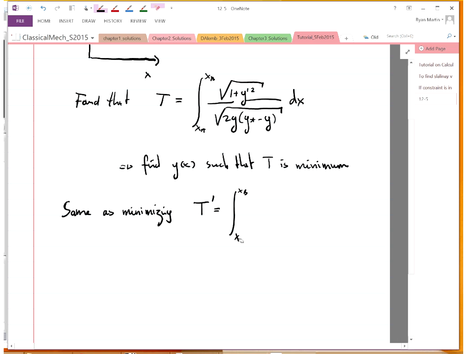Let's put the origin at point A. And I write the integrand as the square root of 1 plus y prime squared over the square root of y.